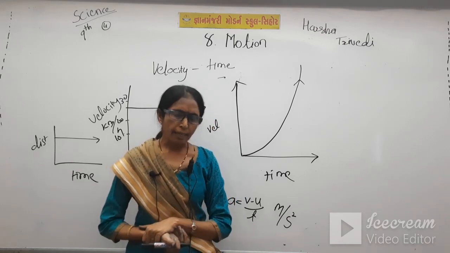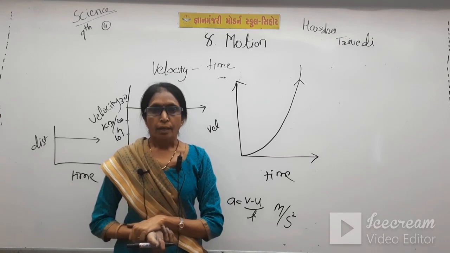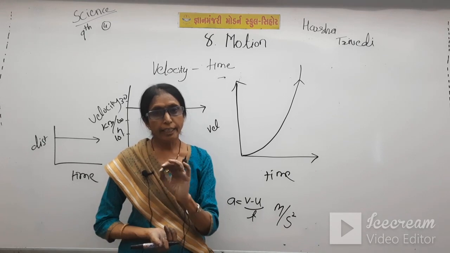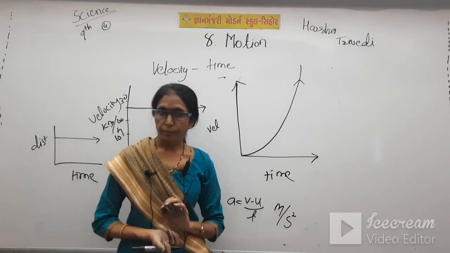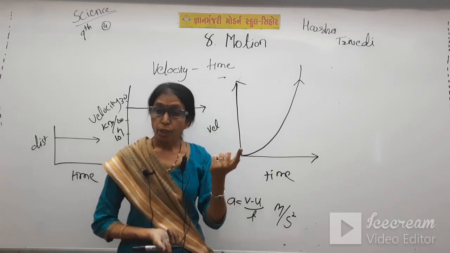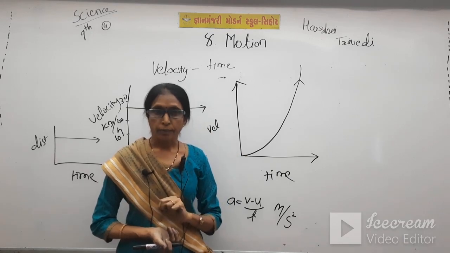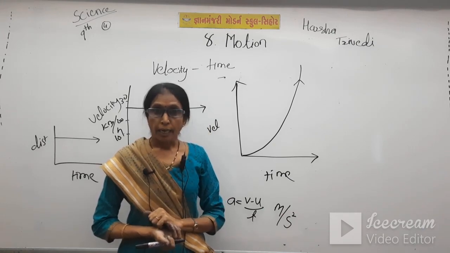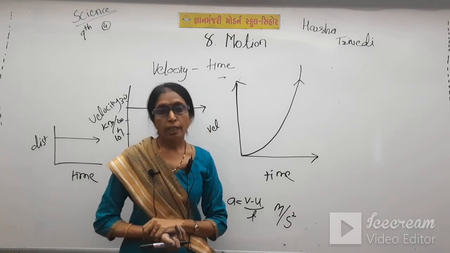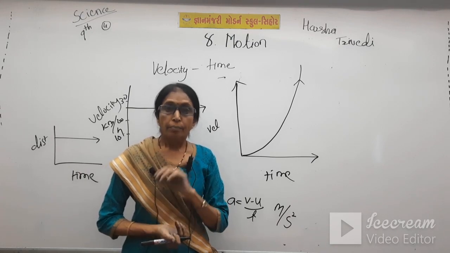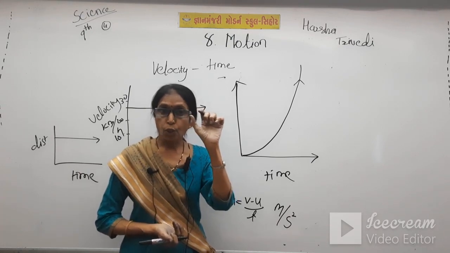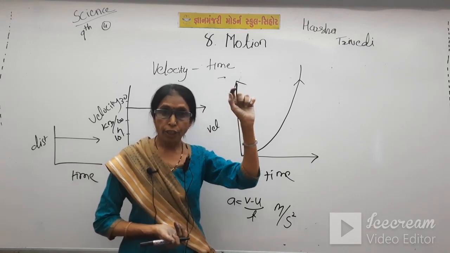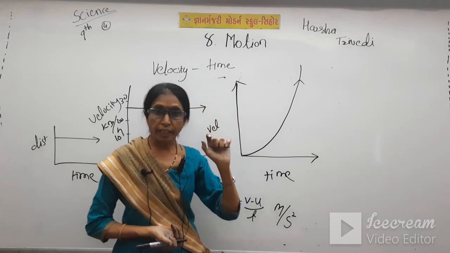I am giving you one example. Suppose you score 40 marks in a test out of 50. In the next test, you score 42 marks. In the third test, if you score 44 marks, and in the next test, if you score 46 marks, it means here the increasing ratio is fixed. 40, 42, 44, 46.